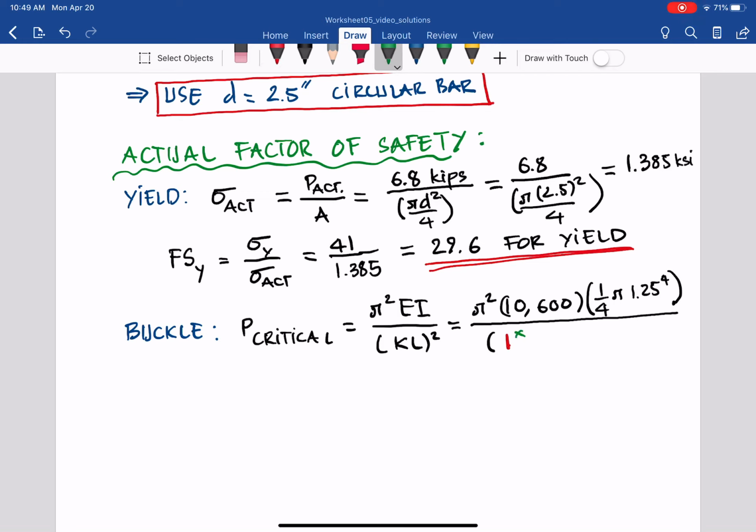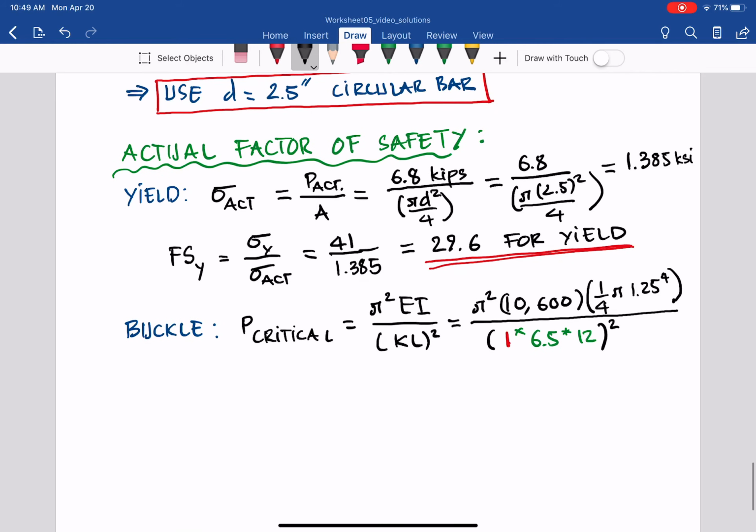The length, of course, is unchanged, 6.5 times 12 inches per foot, squared. With that, we can find the P critical, which is the failure due to buckling. That is 32.97 kips.